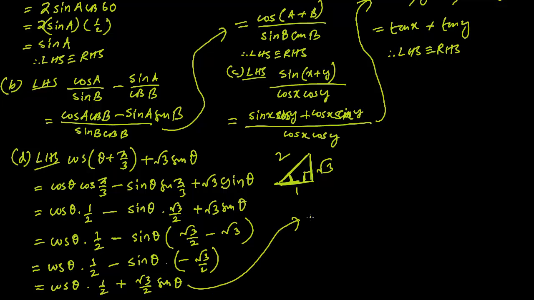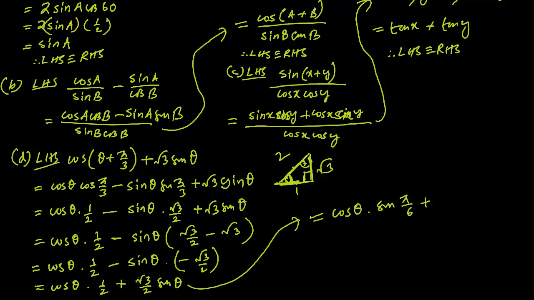That's what we get. Now remember, what we have to write over here is, what is half? Sine of what is half? If you remember, this is 30 degrees, this is 60 degrees. Sine of 30 is opposite by hypotenuse, that is half. So instead of half, we can write sine 30, meaning sine pi by 6.